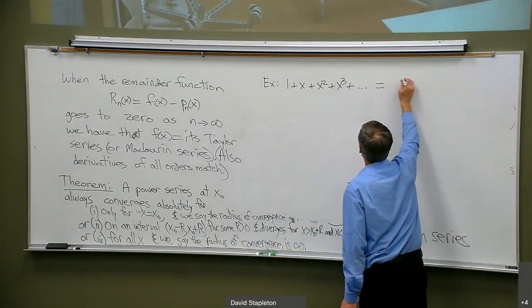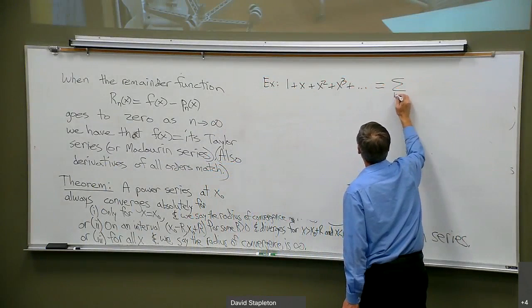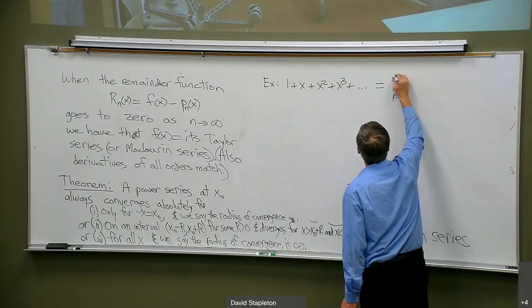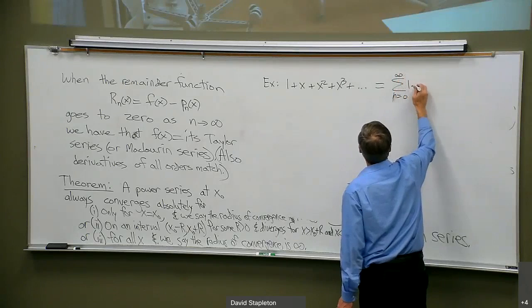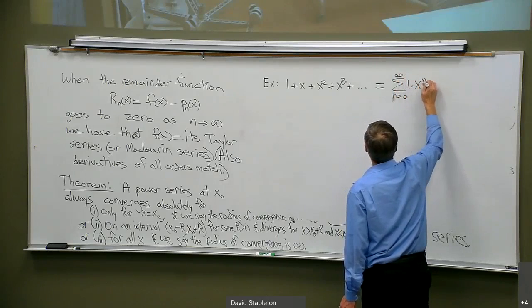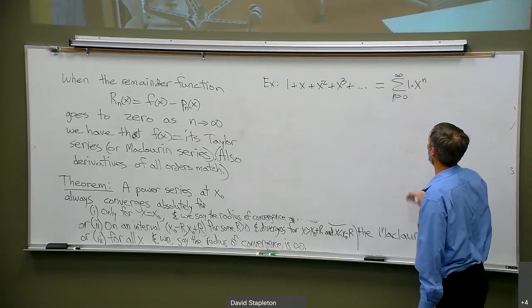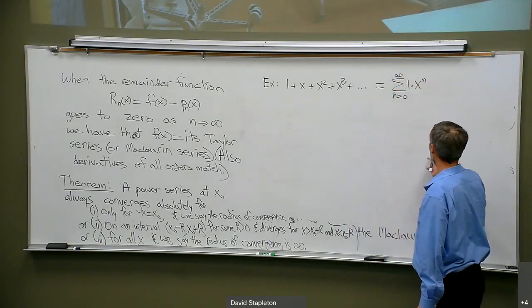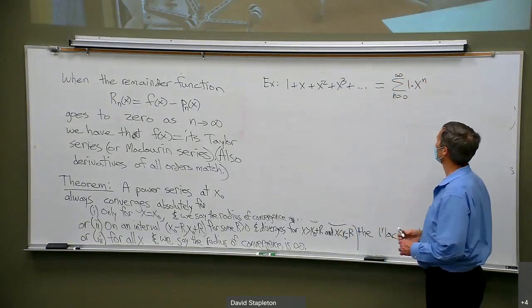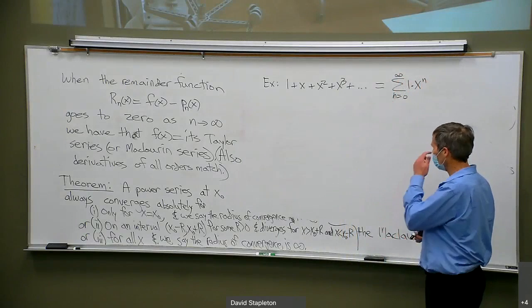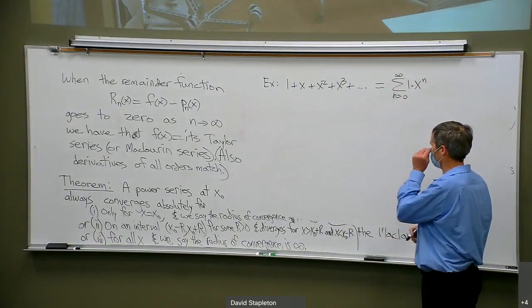Also expressible in sigma notation as the sum n equals 0 to infinity of 1 times x to the n, right? So each C0, C1, C2 forever is equal to 1. All the coefficients are 1. What an easy series, right? I wonder if it converges, or where it converges.